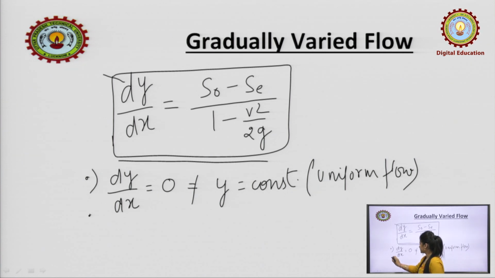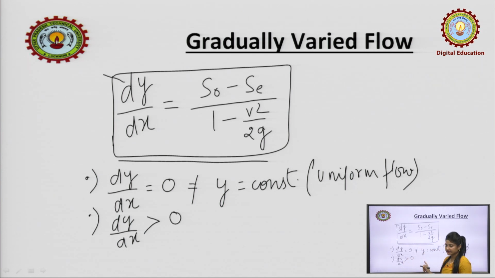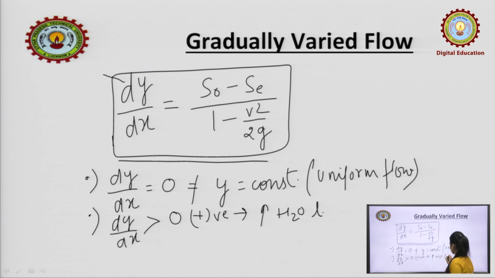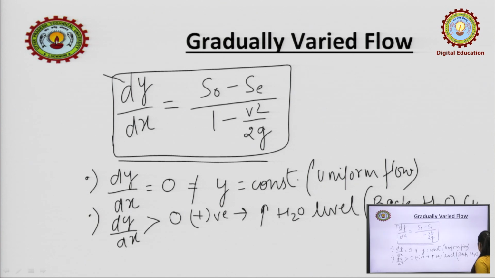Next, if dy over dx is greater than 0, that is, it gives a positive value, there is a rise in the water level. This rise in the water level in the stream is termed a backwater curve.